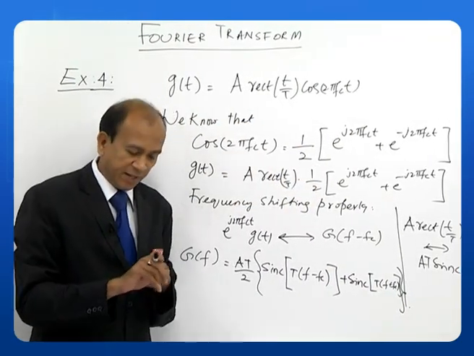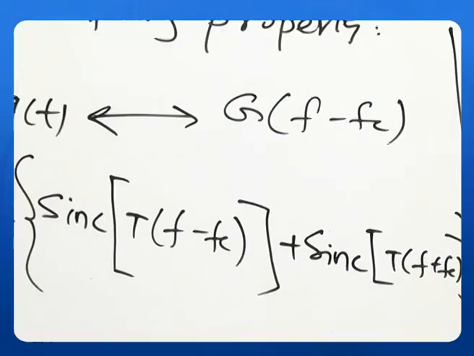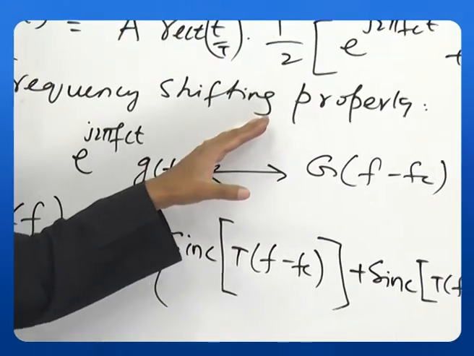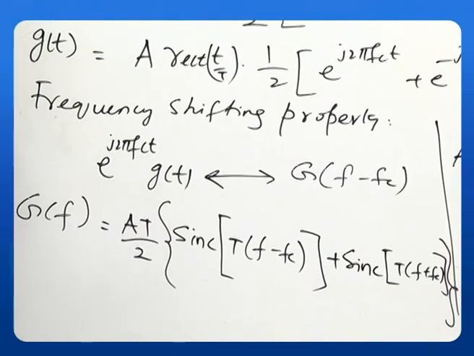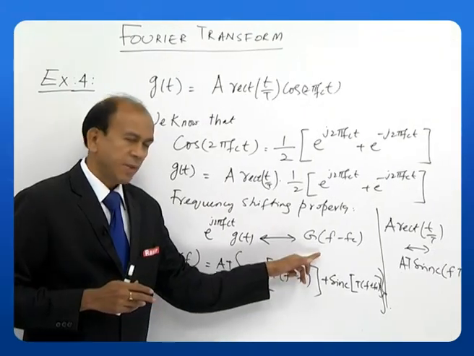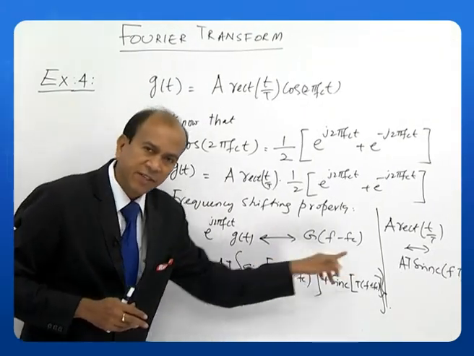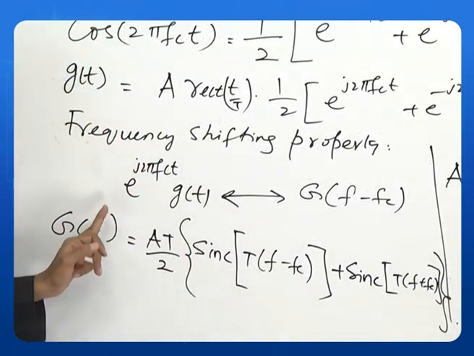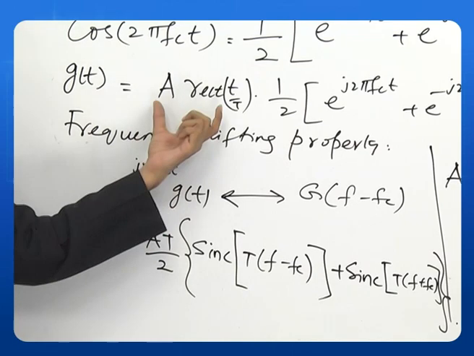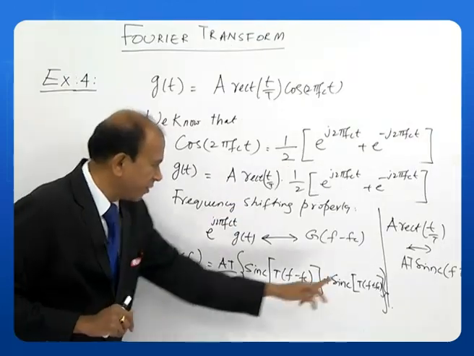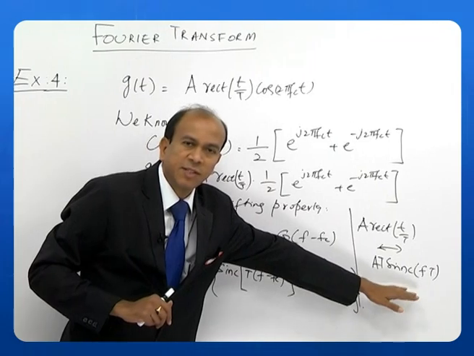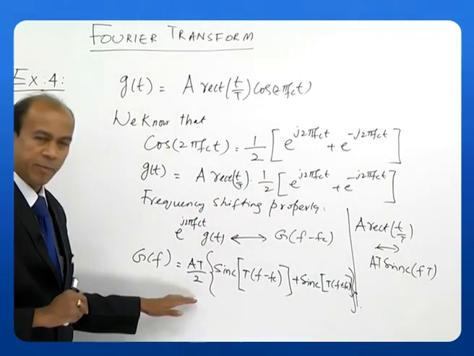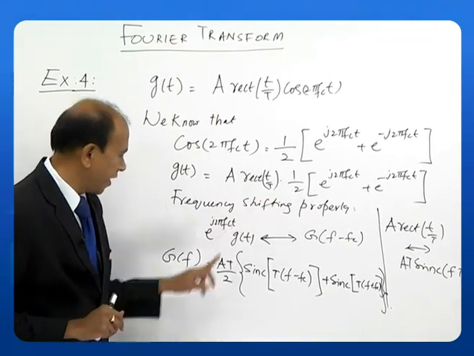So, what have we done here? We have made use of the frequency shifting property. That means, whenever there is a shift in frequency in the frequency domain, it is equivalently multiplied by an exponential function e to the power of j 2 pi f_c t in the time domain. Now, we have identified the given g(t), so it is T sinc(fT), which we have put here, and the 2 we have taken here.